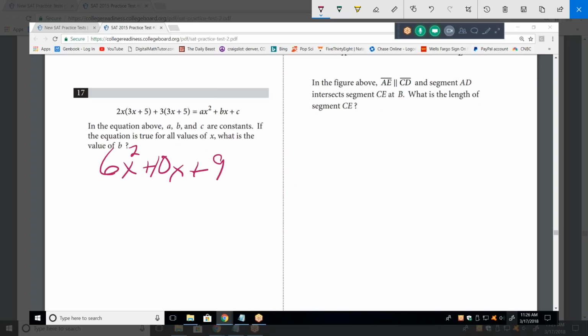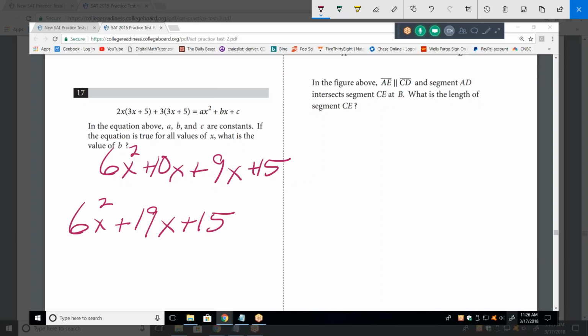Excuse me, sorry. And then plus 15. Okay, now simplify that. There's only one x squared term, so that's going to be 6x squared plus 19x plus 15.